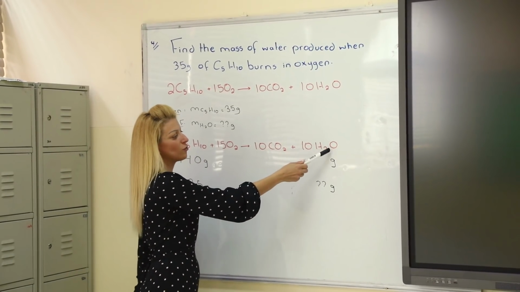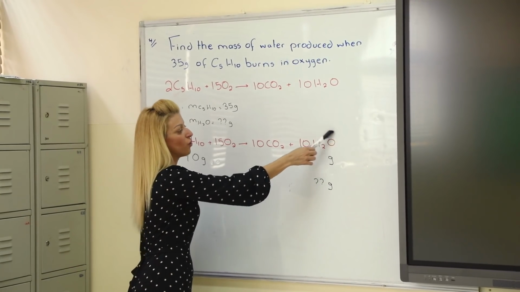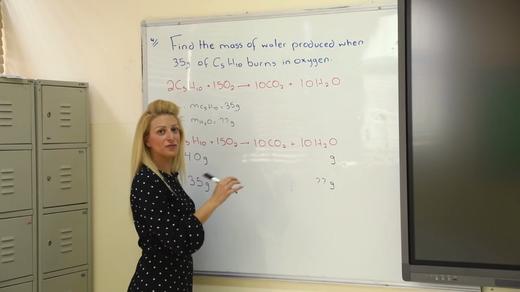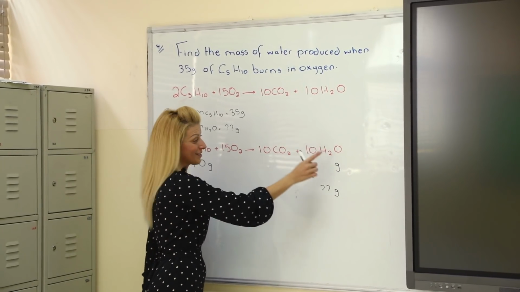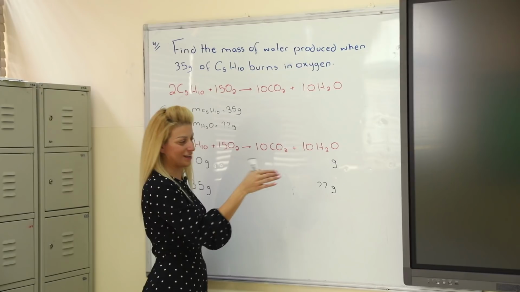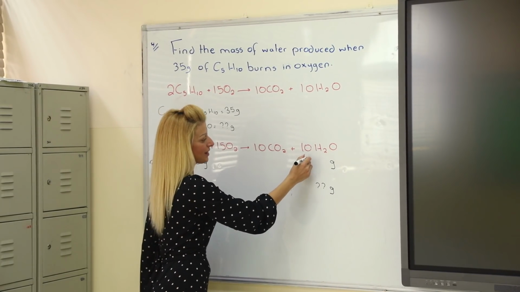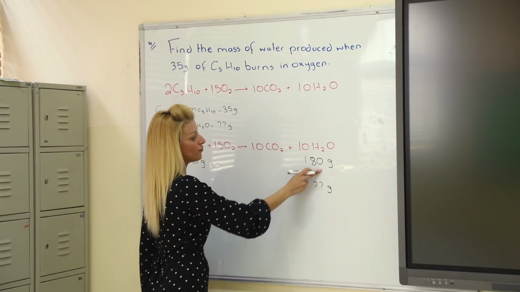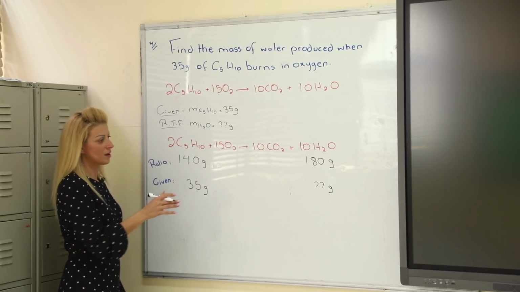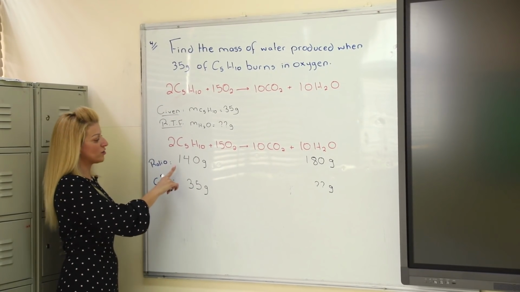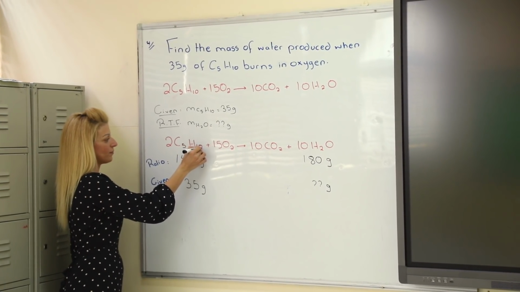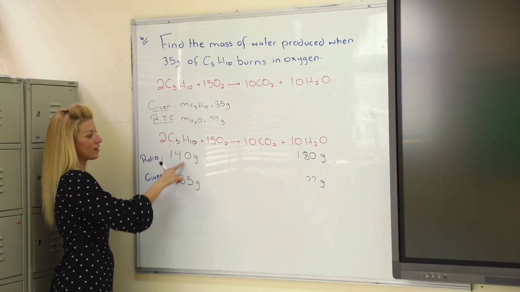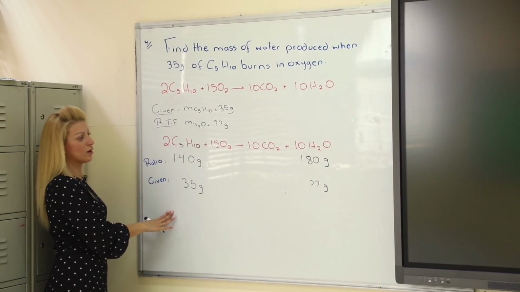Gives us 10 waters. Each water has a mass of 18 grams because 2 plus 16 gives you 18. So 10 times 18, you end up with 180 grams. So according to our equation, when 140 grams of C5H10 react, they will give us 180 grams of water.